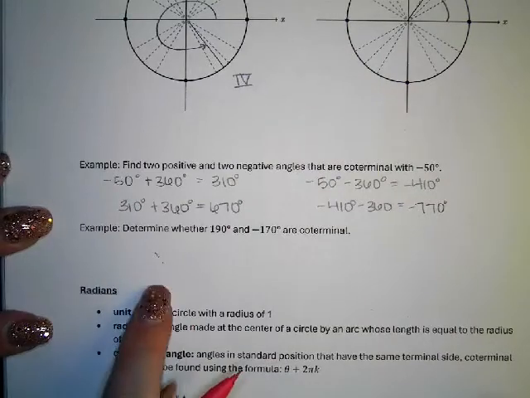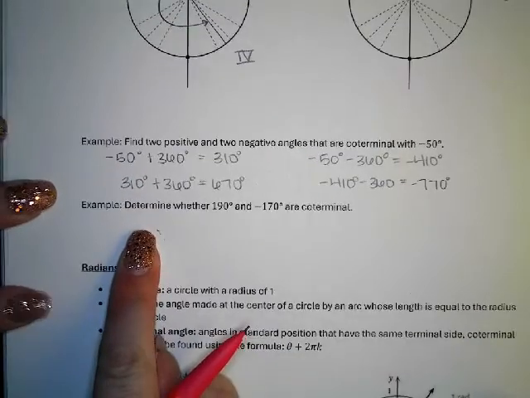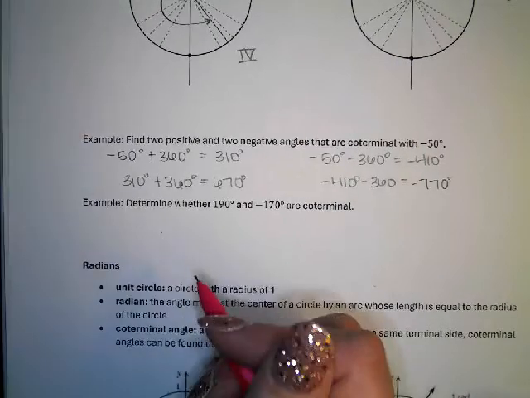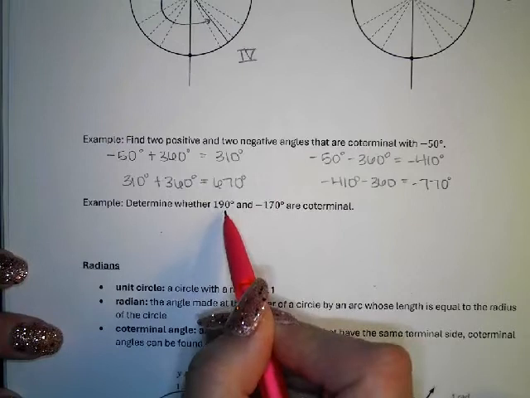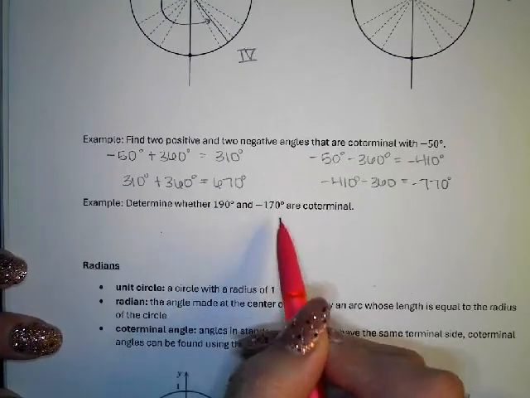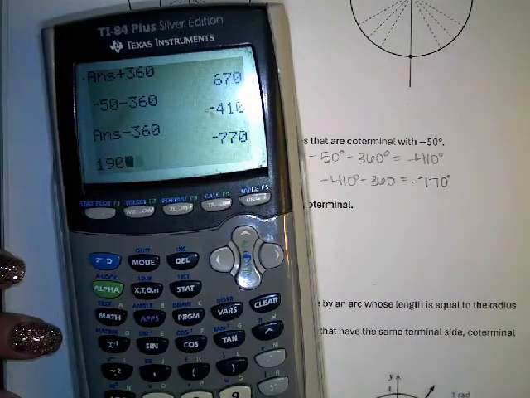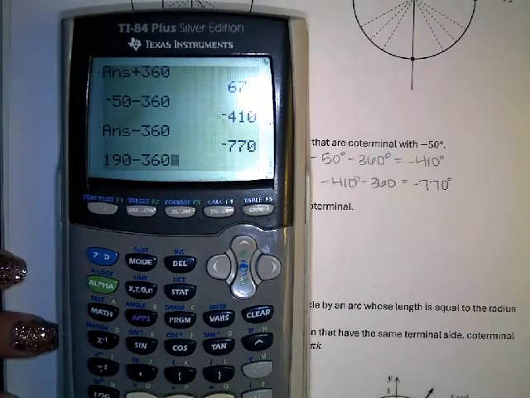Next, it asks us to determine if 2 angles are coterminal. So are they in the same spot or are they not in the same spot? Does the terminal side of the angle lie in the same location? To determine that, we just have to figure out if these 2 angles are 360 degrees apart. I can start with 190 and subtract 360 and see if that gets me to -170.